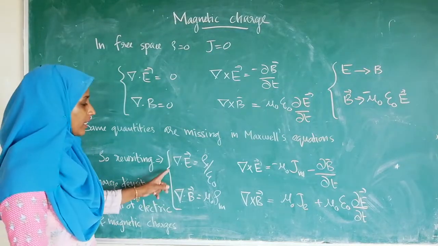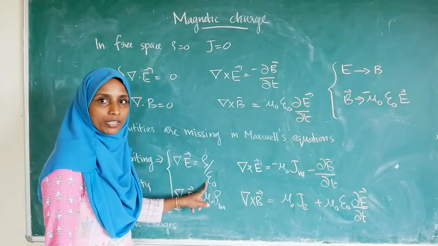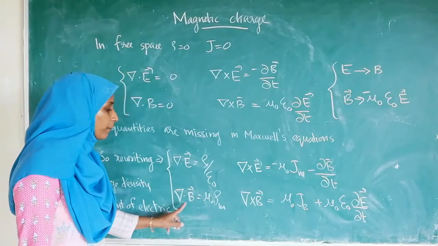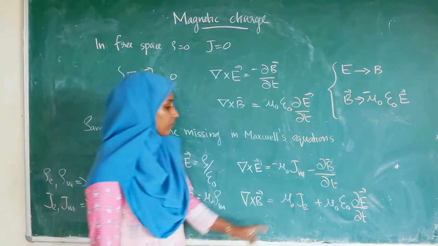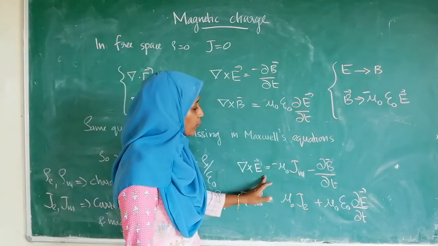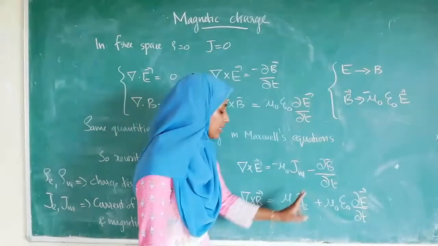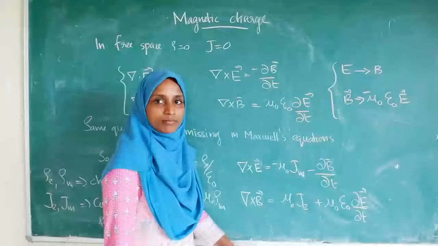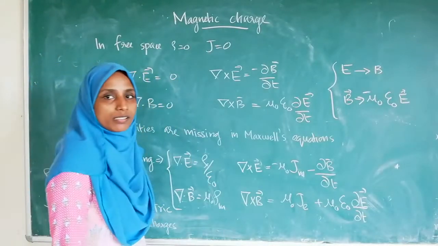He replaced these equations: del dot E is equal to rho E by epsilon 0, and similarly del dot B is equal to mu 0 rho M, and del cross E is equal to minus mu 0 Jm minus dou B by dou t, with the similarity of this equation. So, Maxwell rearranged these equations like this.